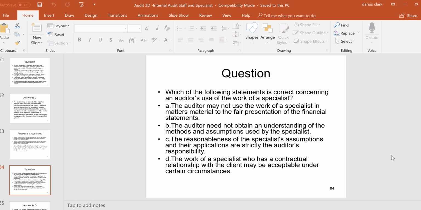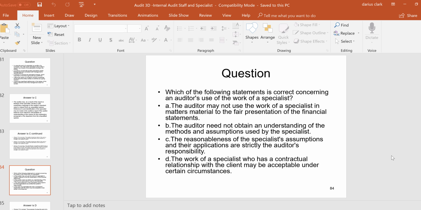'84. Which of the following statements is correct concerning an auditor's use of the work of a specialist? D. Right.